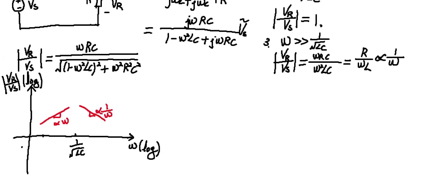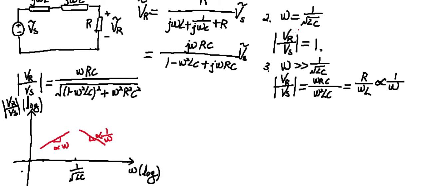And when omega is equal to 1 over square root LC, the output voltage versus input voltage magnitude is equal to 1. So we get this point. So the value of this is equal to 1. If this circuit has a very high quality factor, then you will get a narrow peak around this resonance frequency.